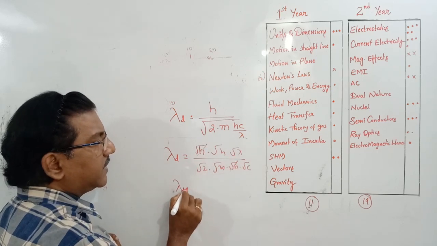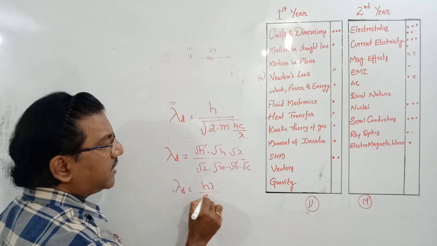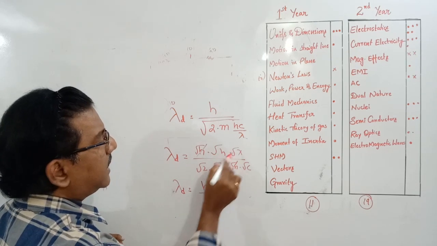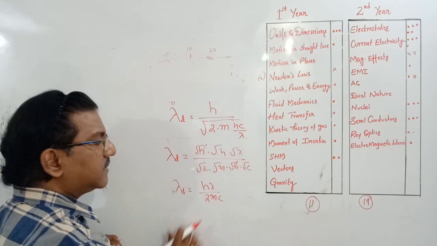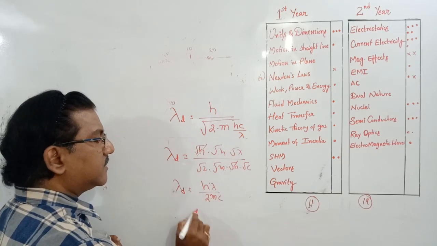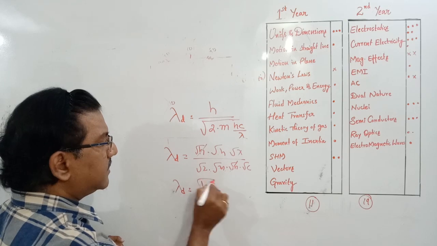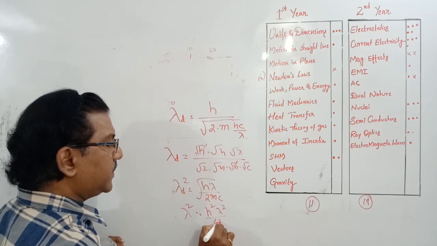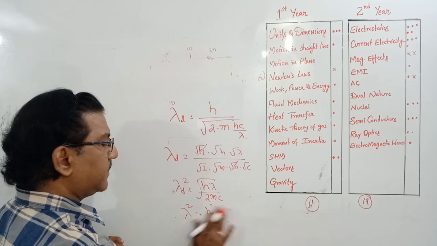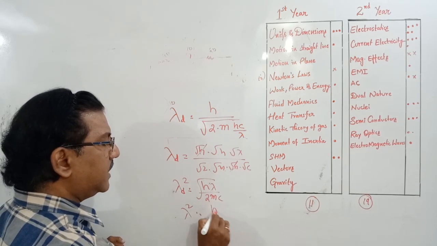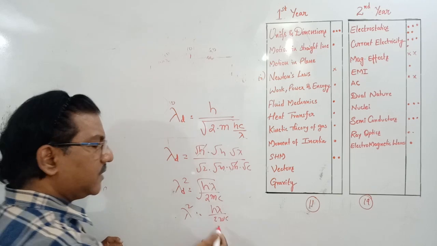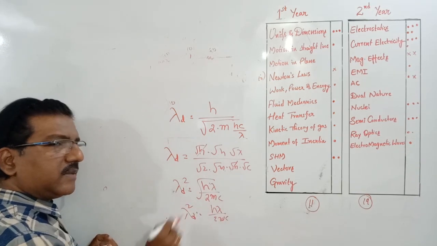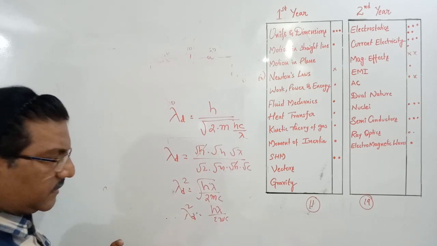Cancel. d is equal to h lambda by 2mc. All are under root now, so square it. Lambda d square is equal to h lambda by 2mc. Whatever lambda you want, lambda d you want, you can keep that.